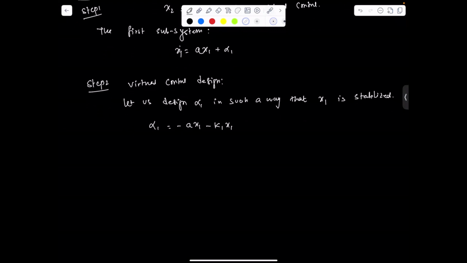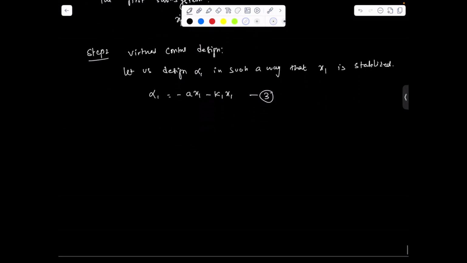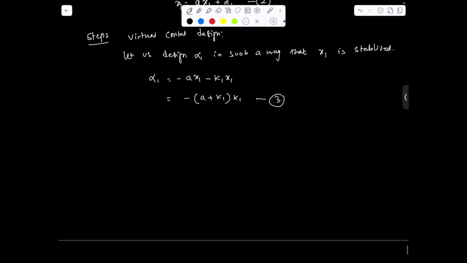If you substitute this in this equation, the x1 dynamics will be stabilized. So let us define these as equation number 2 and 3. Or we can write here minus (a plus k1) x1. Let us define this as equation number 3.